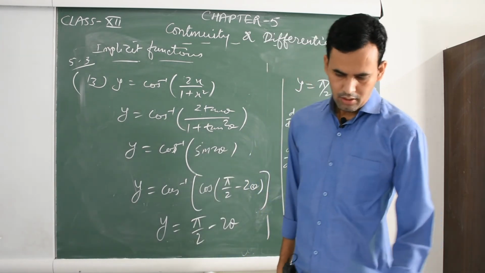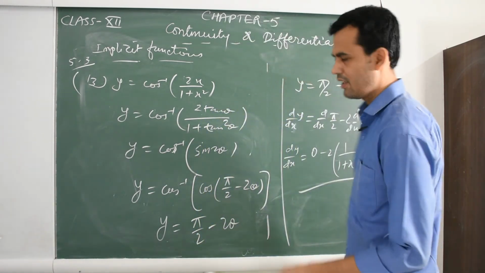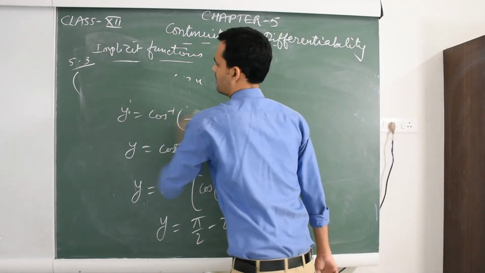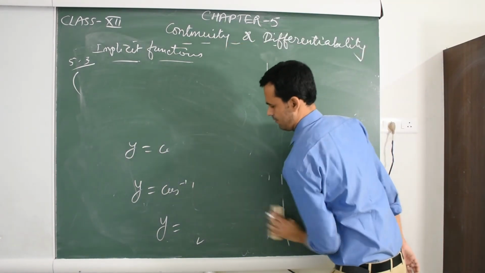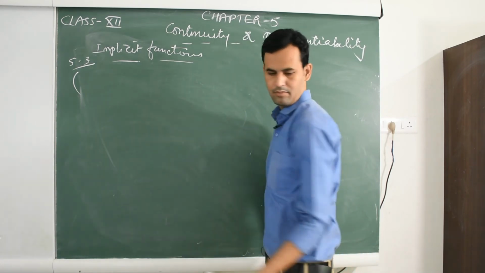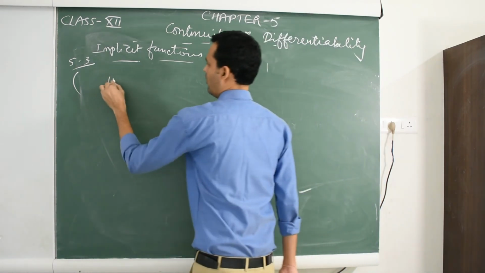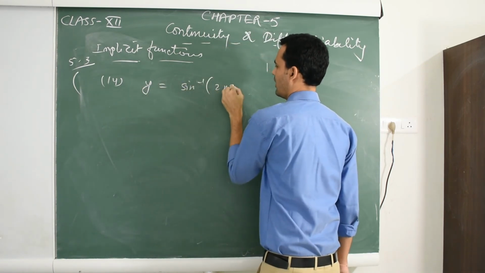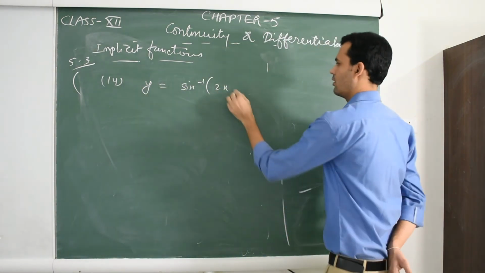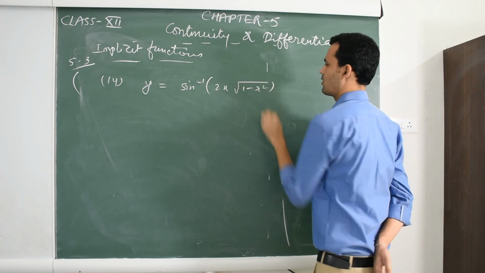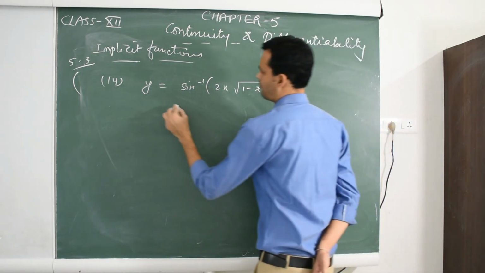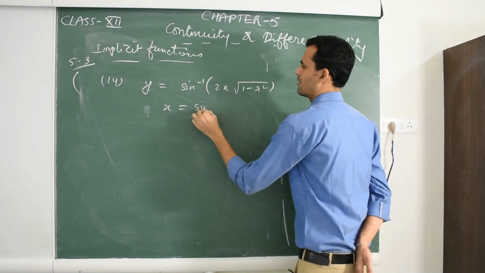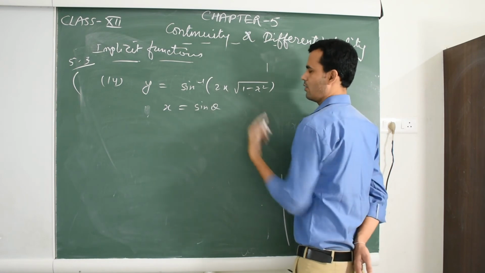Okay. One more question from this exercise, question number 14. y equals sine inverse of 2x root 1 minus x square. So let x equal sine theta. We put x equals sine theta.